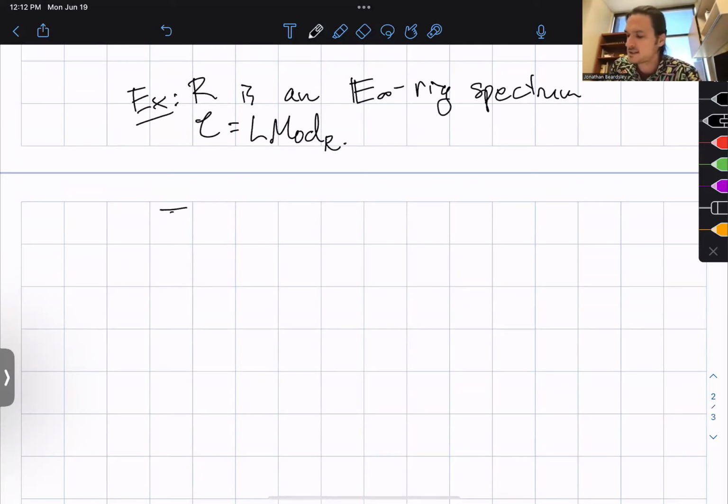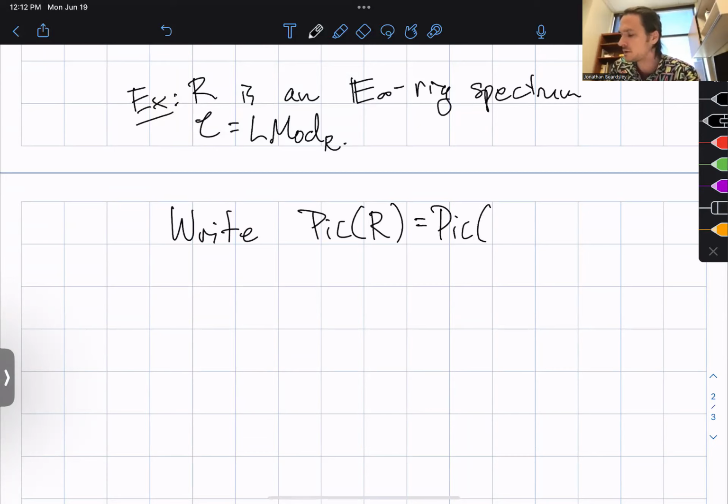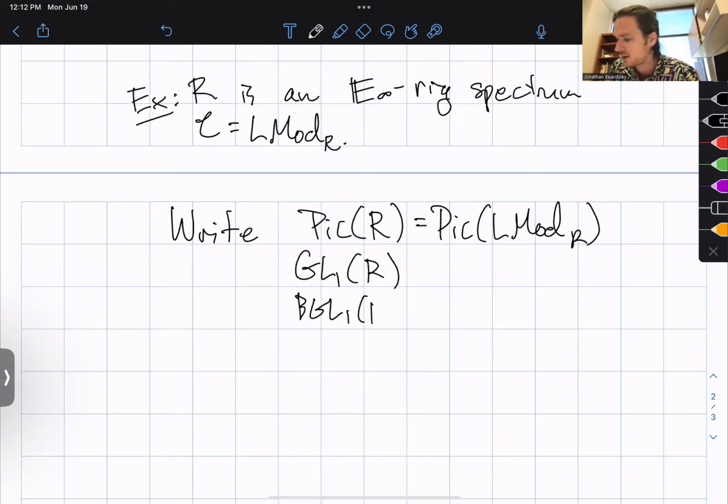In this case, I'll write Pic R instead of Pic LMod R, and similarly for GL1 R and BGL1 R.